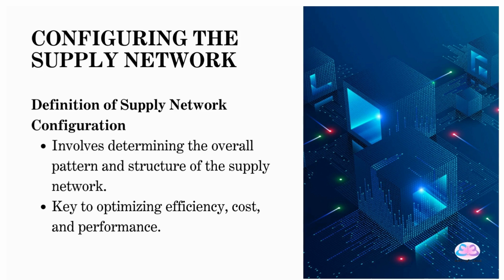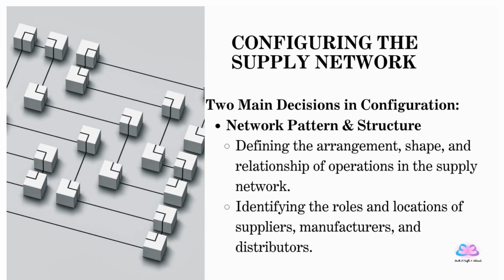Configuring the supply network effectively ensures smoother operations, cost reductions, and improved service levels, making it a vital step in supply chain management. Now that we understand the importance of configuring the supply network, let's dive into the two main decisions that shape this configuration. The first one is network pattern and structure.